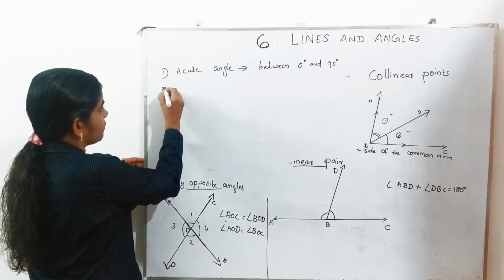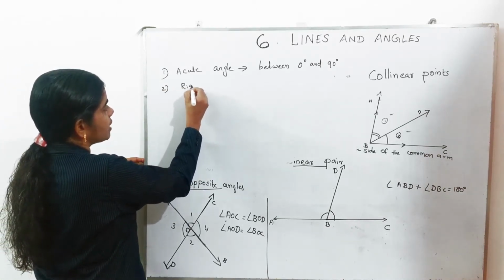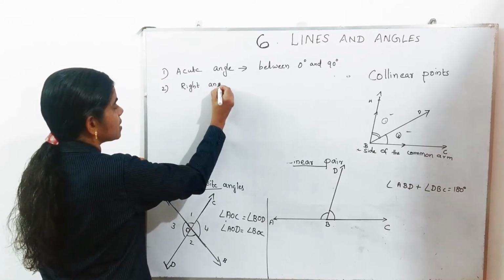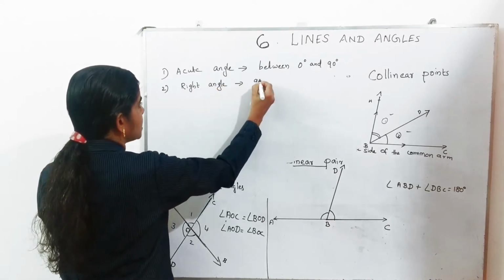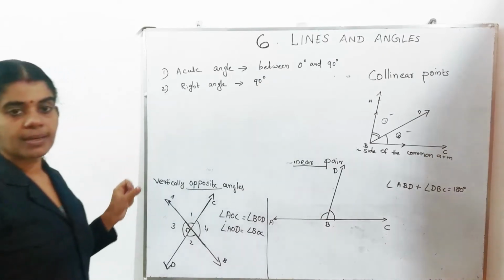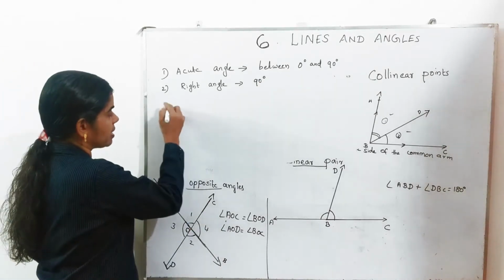Then next one will be the right angle. What will be the right angle's measurement? That will be 90 degrees. All angles of 90 degrees are known as right angles.